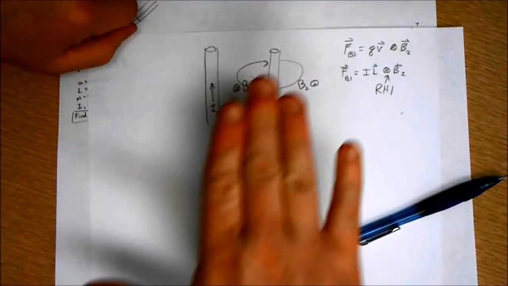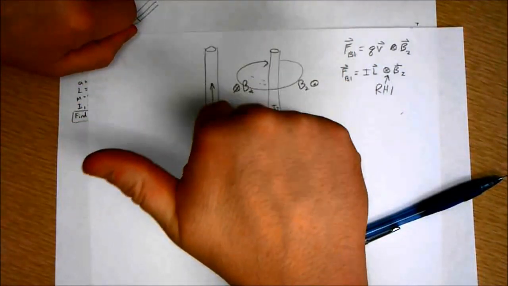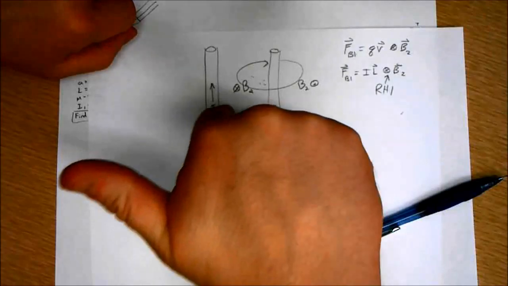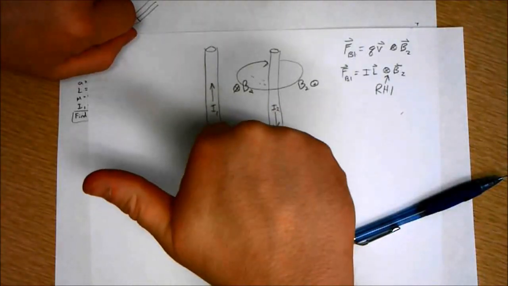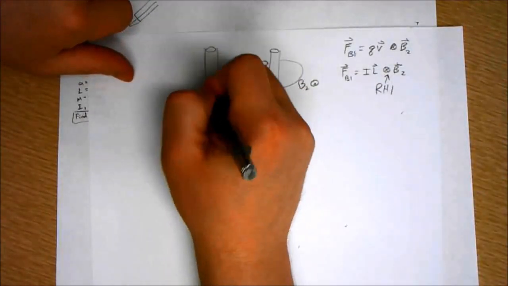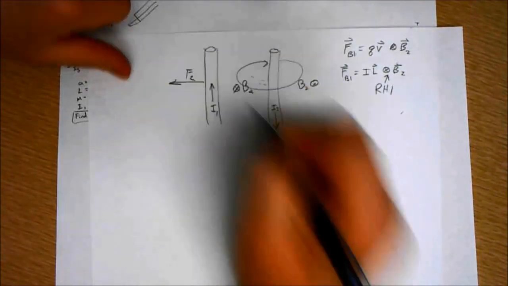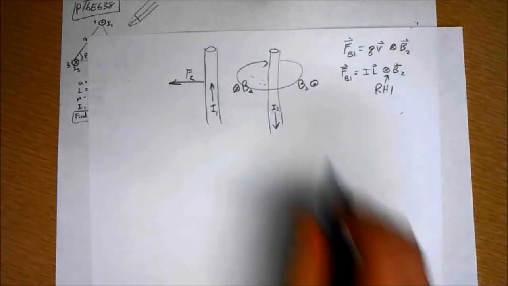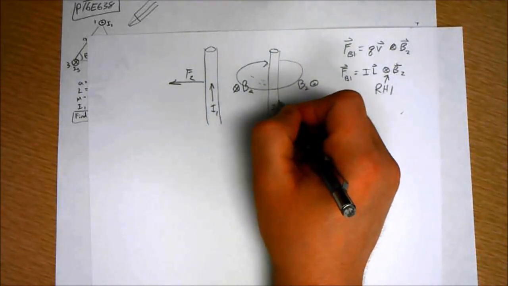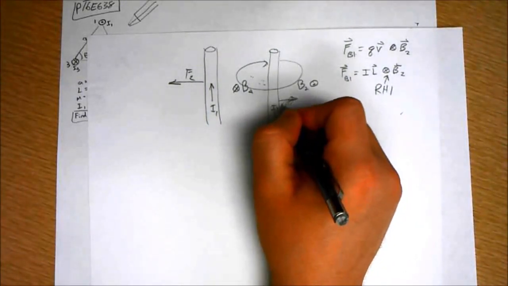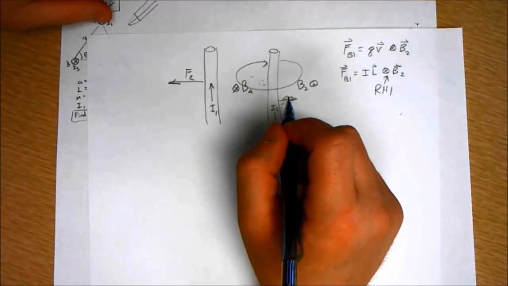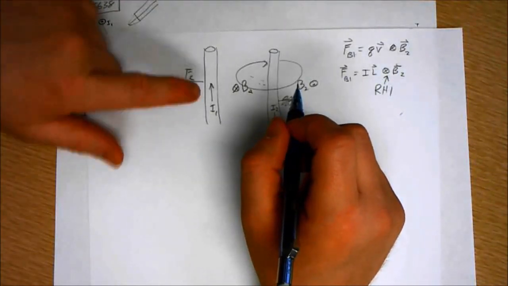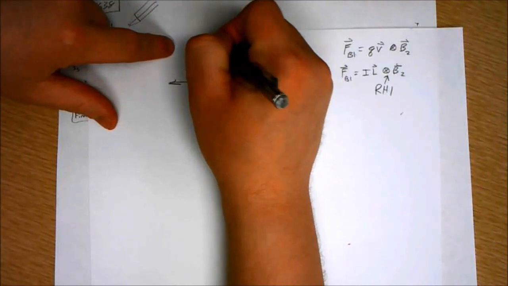So I'm going to point my fingers in the direction of IL, curl my fingers in the direction of B2, which is downward into the board, and the force is in that direction. Now, of course, this wire is going to feel a force also in the other direction, but we're not going to worry about that right now because in our situation, we're just worried about the force on wire 1.